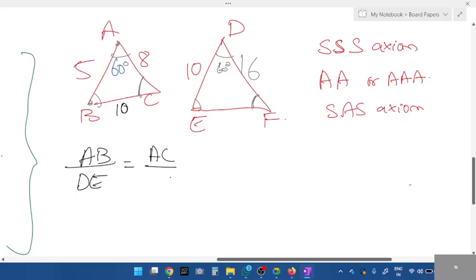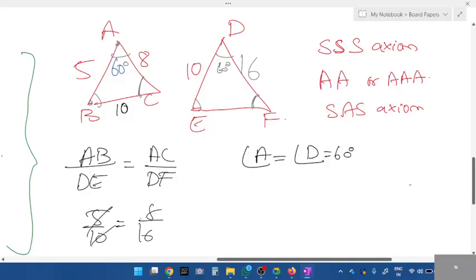AC divided by DF. And what's the angle given? Two angles are same. Angle D, both are same. Now check if they are proportion, students. AB and DE value 5 divided by 10 is equal to 8 divided by 16. Are they proportion? So therefore their two sides are proportion, one angle is equal. They are similar under which criterion? Side angle side. If they are similar, definitely the third proportion also will be same.